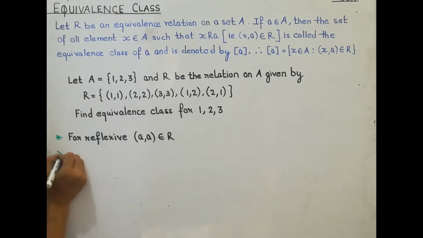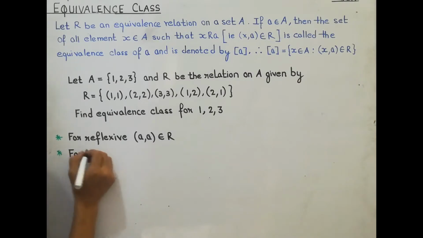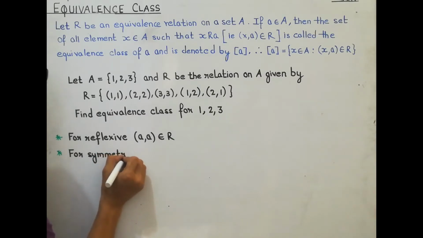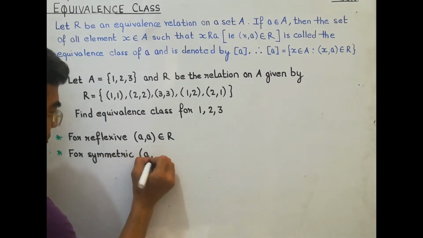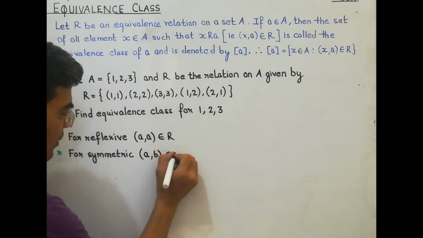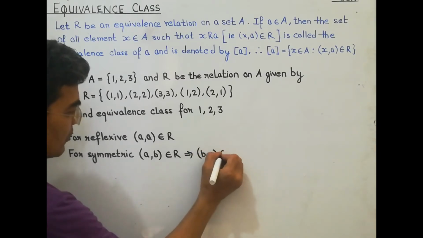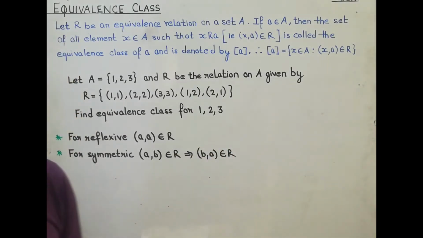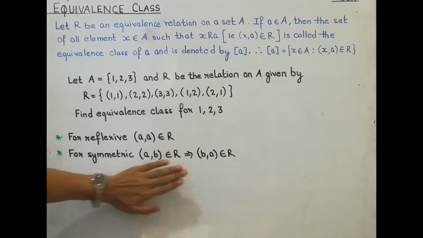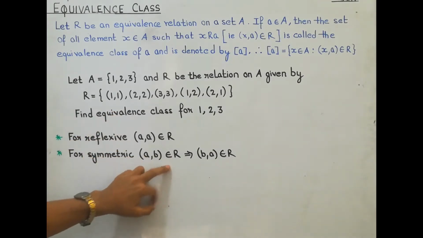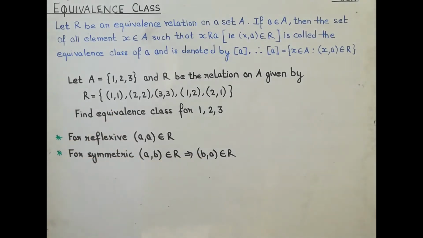Now the second, you have to show that this is symmetric. For symmetric, if (a, b) belongs to R, (b, a) should also belong to R. Now what does this mean? This means every ordered pair present in the relation should have the mirror image of it.